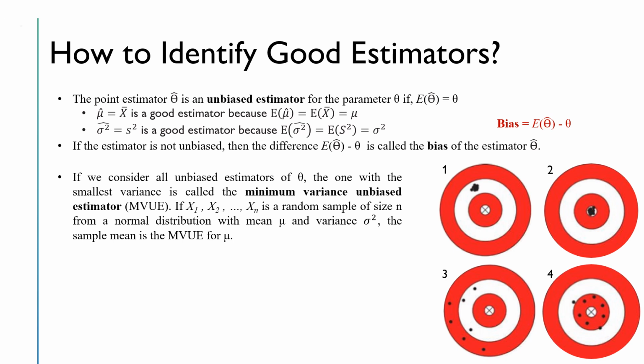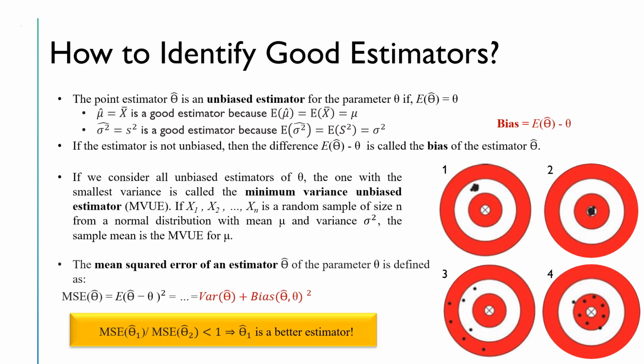In other words, it is the most precise, unbiased estimator. For example, if we have a random sample of size n drawn from a normal distribution with a specific mean and variance, the sample mean is the MVUE for the population mean. This makes the sample mean not only an unbiased estimator of the population mean, but also the most consistent and precise among all unbiased estimators of that parameter.